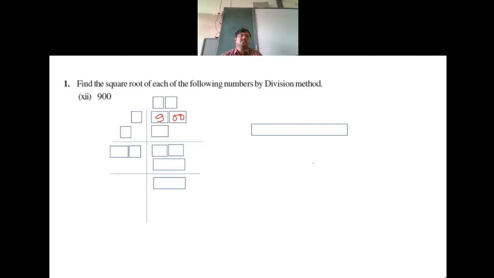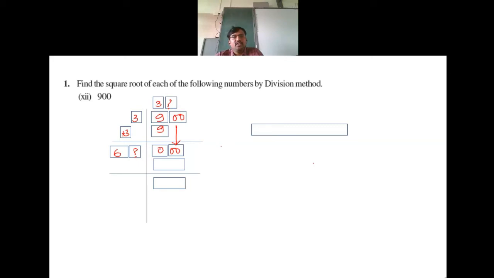Sir, 3 squared we should write, 9. Then we get 0 here. We should add 3, and we should write 0. Now, how to tell what number to be multiplied here? 0 into 0 will give 0.